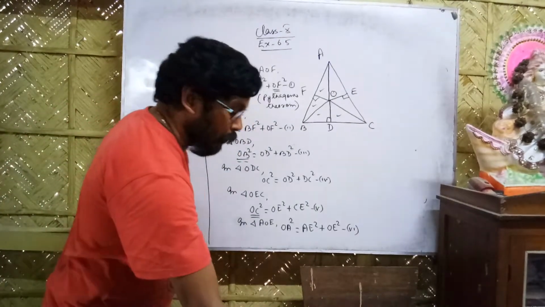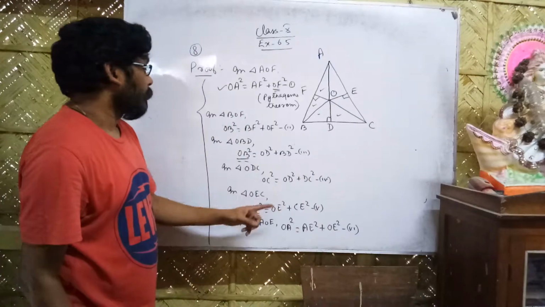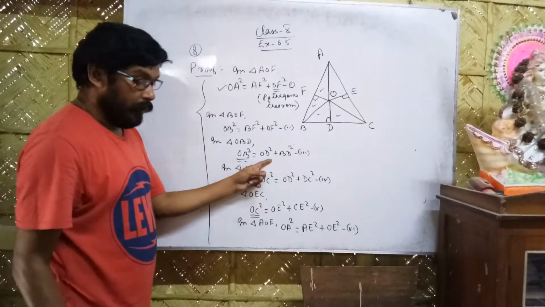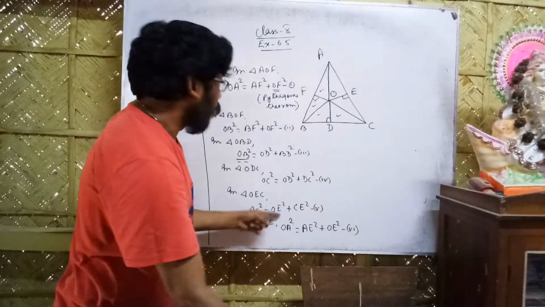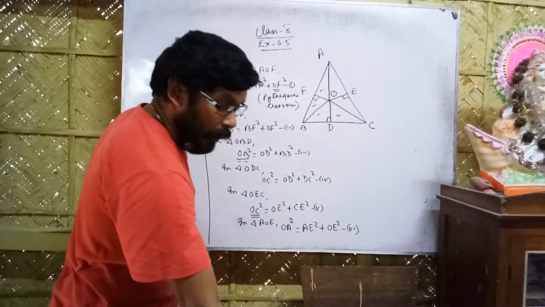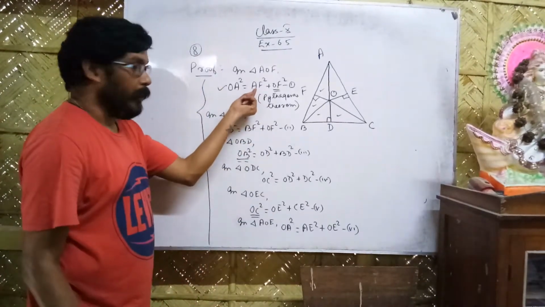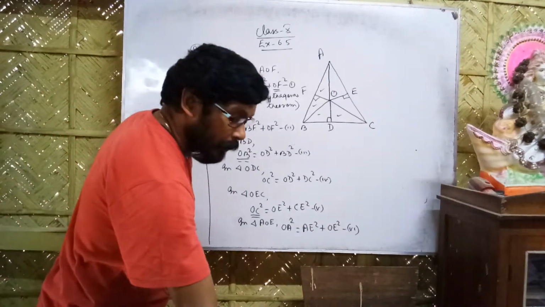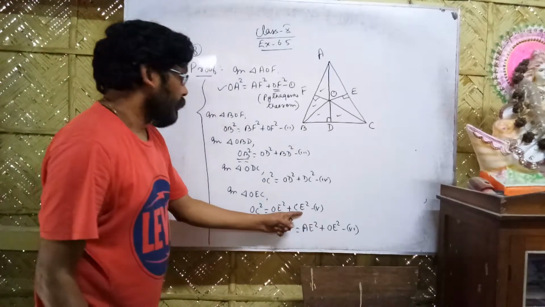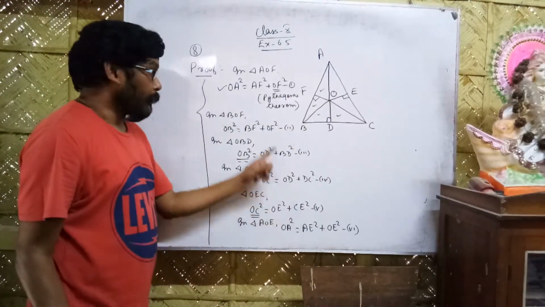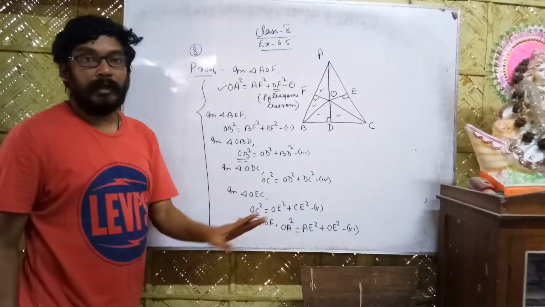After that, minus OD square: OD is present in equation 3, then OE is present here, then OF is present here. Equal to what you have to prove: AF square is present, then BD square is present, CE square is present. You have to do plus as per your requirement.